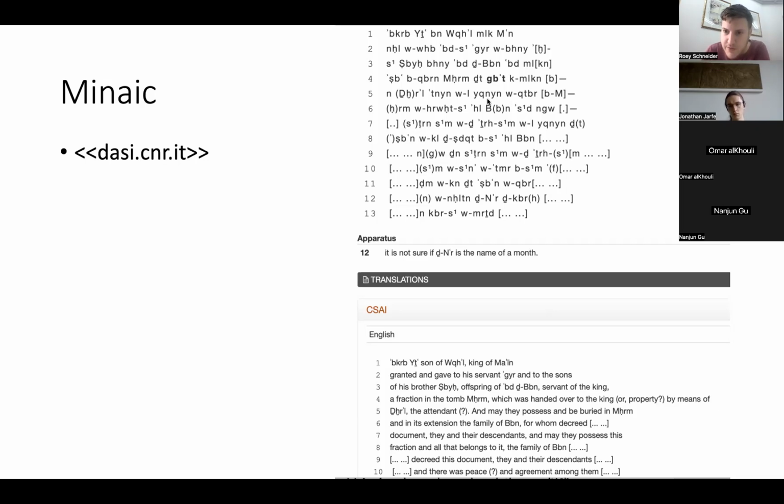Or no, sorry. No, they think, I'm sorry, this is a precative. That's how they analyze it. So wali yaqniyan or something like that. Wali yaqniyan, let it be, may they possess it or something like that. And you can also see the final noon, energetic, or I don't know, anything else.